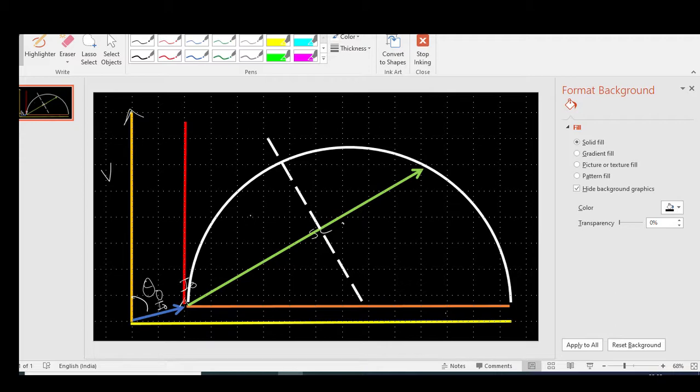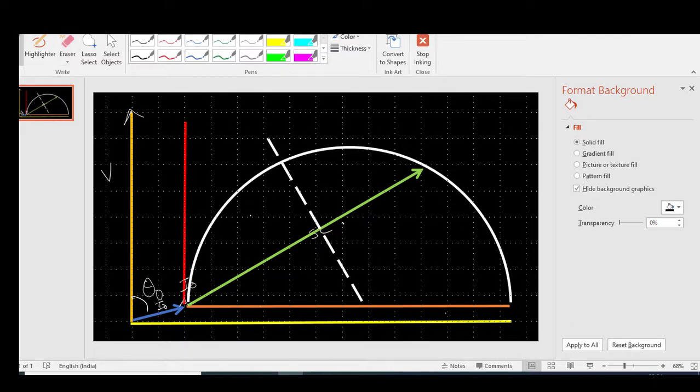The gap between this saffron colored line and the horizontal represents the no load constant losses, because this is I naught cos theta, and if you multiply I naught cos theta with V, you will get the power. So this represents the no load losses.